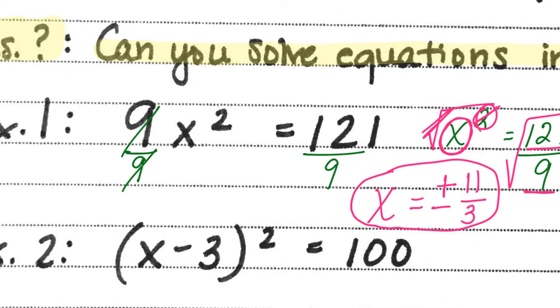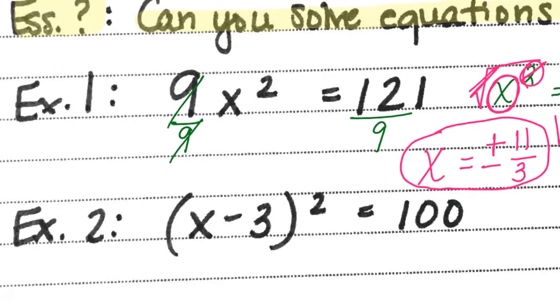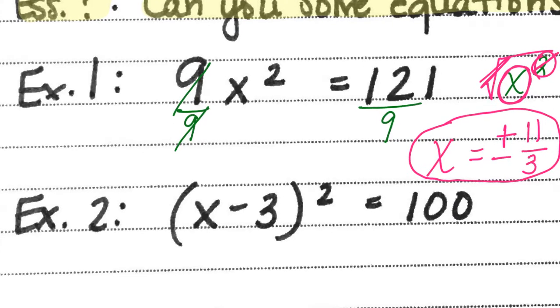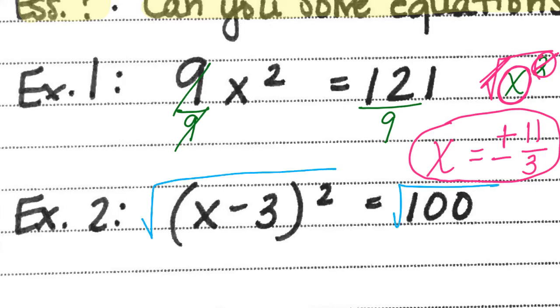So let's look at example 2. Example 2 looks a little different because notice that we have parentheses and then something squared. So in your gut of guts, you should say, ooh, to get rid of that squared, we are going to take a square root. And remember, whenever I solve for an x squared, we are going to have a plus or minus, and the square root of 100 is 10.